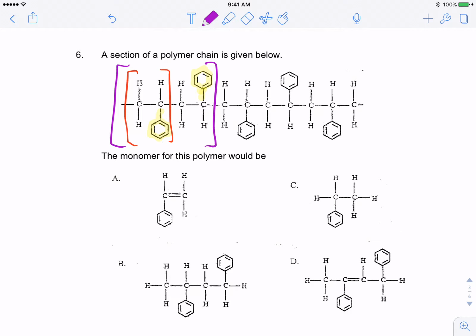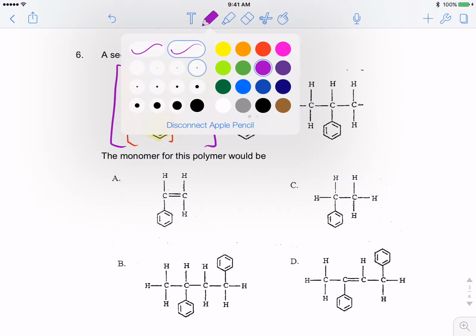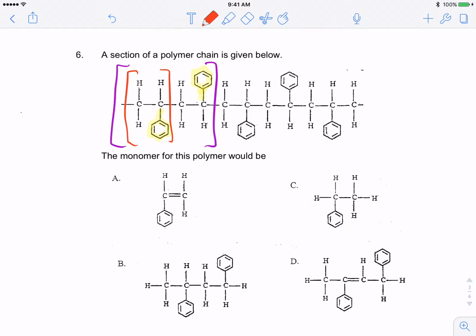Okay, so is there a difference between the purple part and this part that I'm drawing here? Actually, there is no difference.